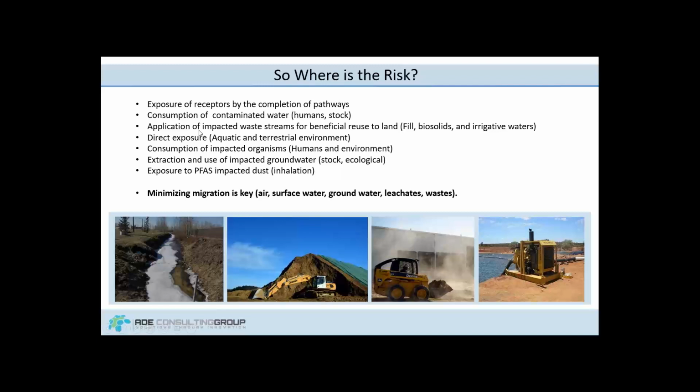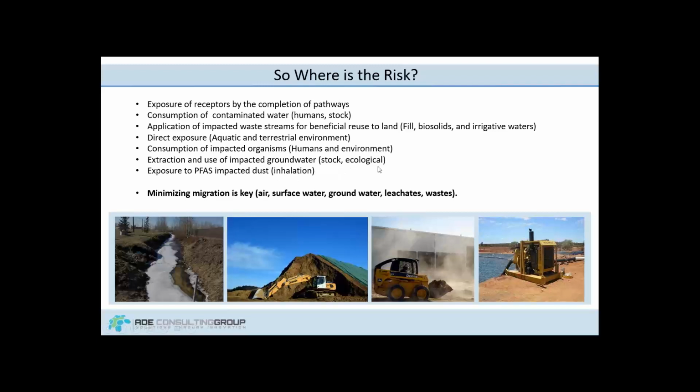Direct exposure typically doesn't apply to such a great degree to humans and is more for the aquatic and some terrestrial environments. So this is fish living in impacted water or aquatic invertebrates living in impacted water. Consumption of impacted organisms applies across the board to humans and environments. With biomagnification, we tend to see higher PFAS effects higher up the trophic levels.